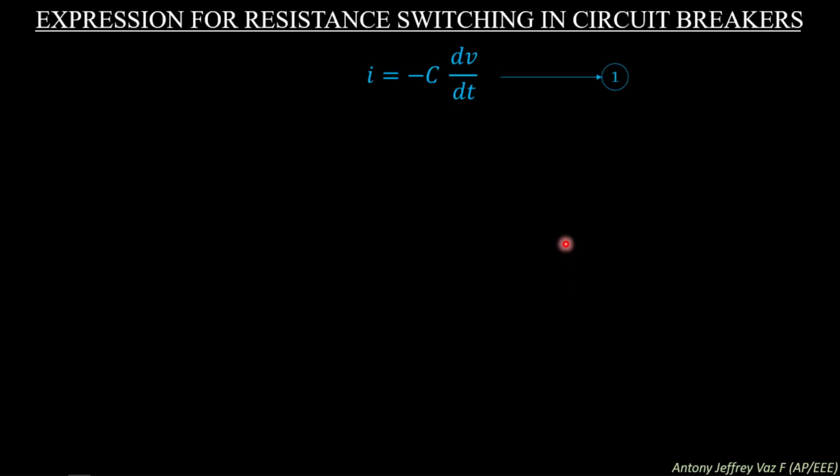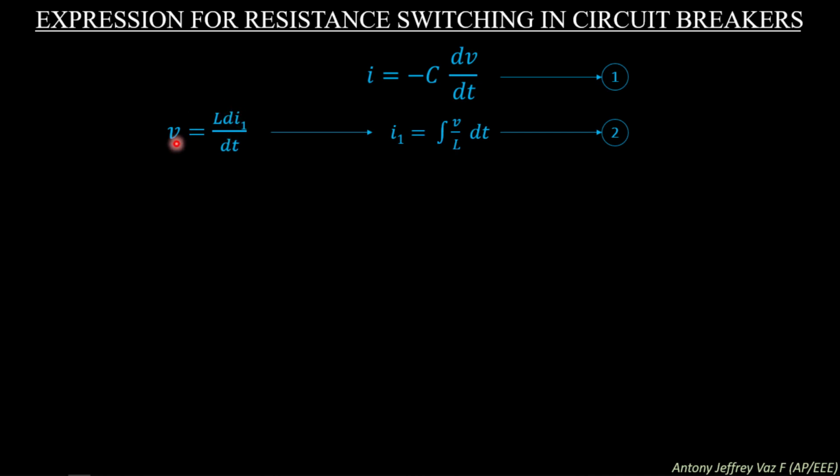For the derivation part, we can see the total current generated by the alternator, I, will be equal to minus C dV by dt, which is the total charging current, plus the inductor current. So, we can say the current present in the inductor will be di by dt.